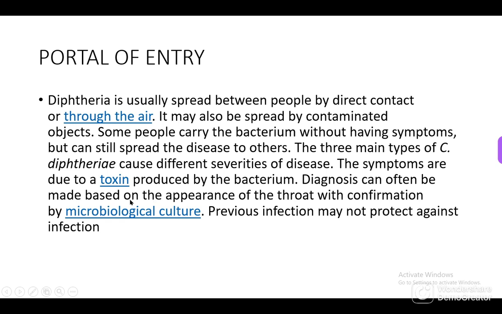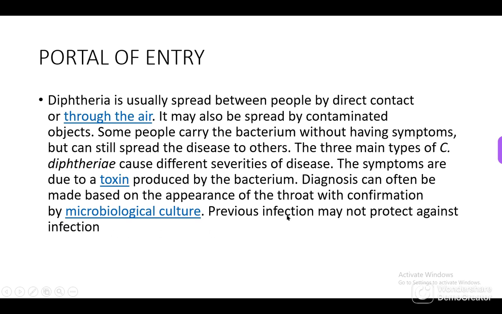Diagnosis can often be made based on the appearance of the throat and confirmed by microbiological culture, on Loeffler's medium, where you can see the club-shaped bacteria directly under the microscope, or if you culture it, Chinese letter or flower-shaped colonies are seen. A previous infection may not protect against infection.